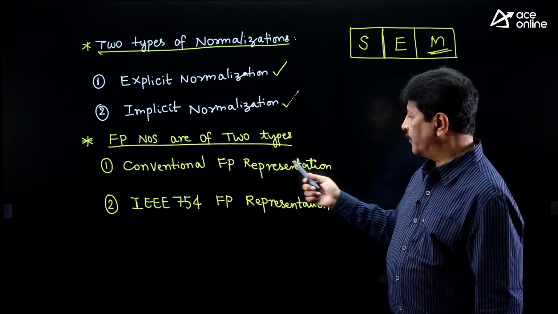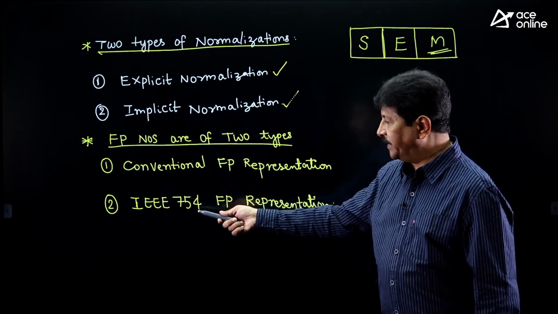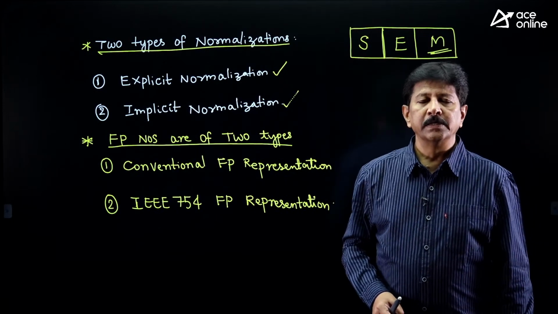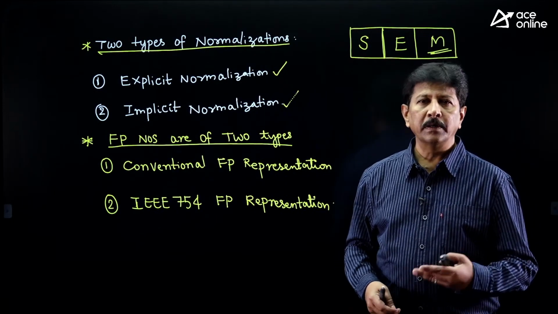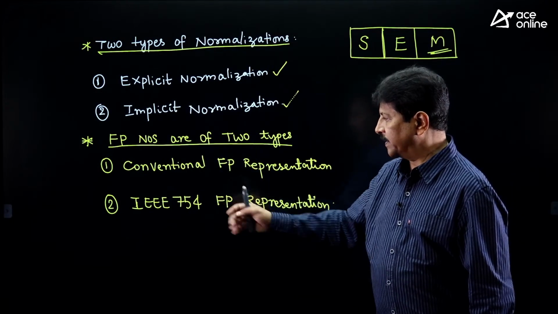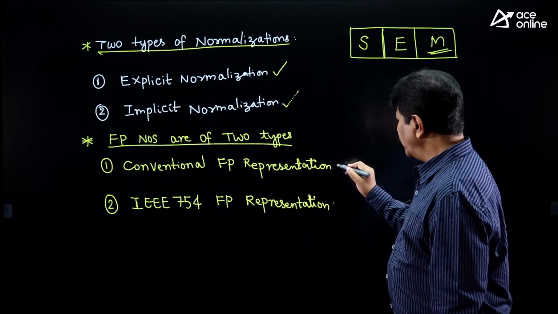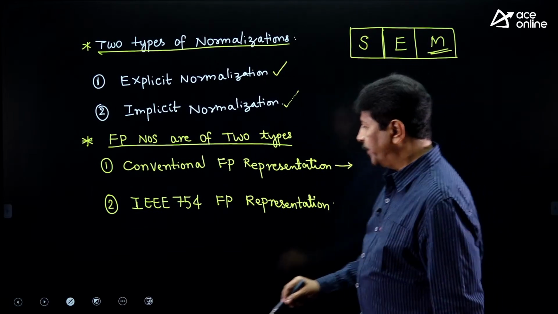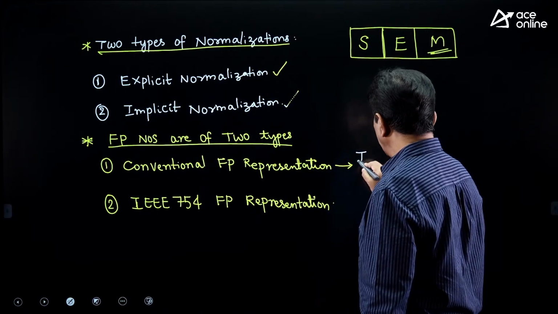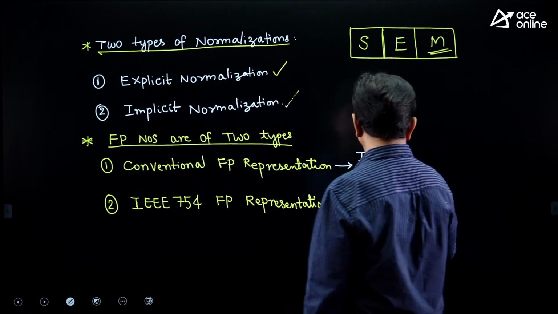Floating point numbers are of two types. One is conventional floating point numbers, the other is the IEEE 754 floating point representation. Depending on what people adopted, these are the two types of representation. In conventional floating point representation, we can go for any type of normalization, either implicit or explicit.